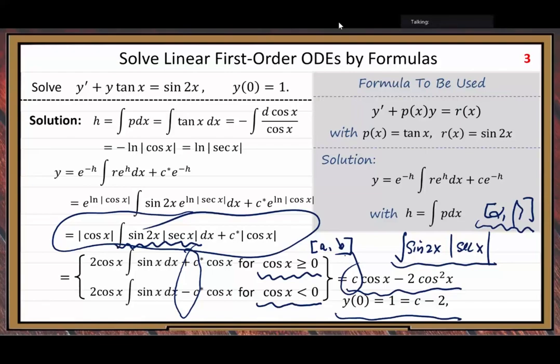Here we just use the style in our textbook. In this situation we want to use a temporary constant, so we use this C star. That's the temporary constant. The final constant, we remove that star. That's our textbook style.